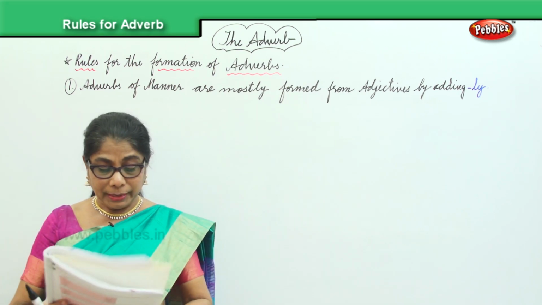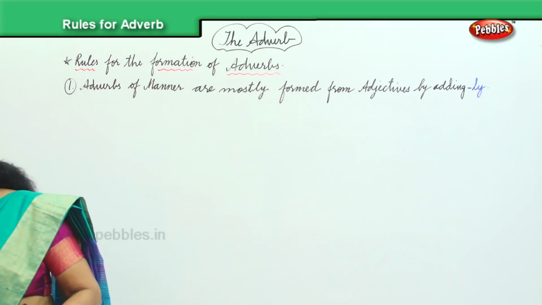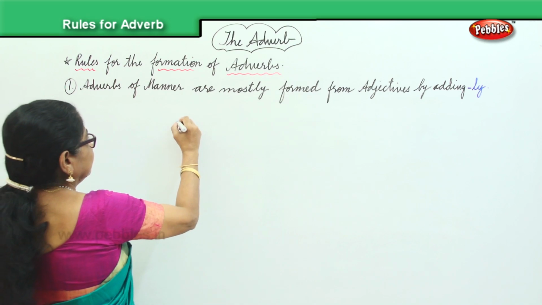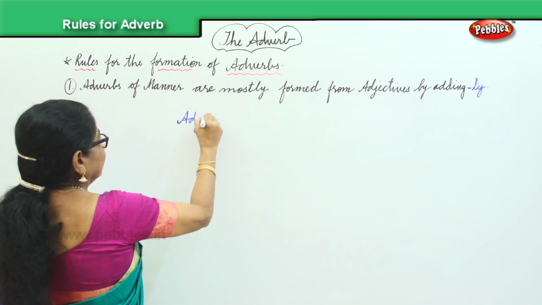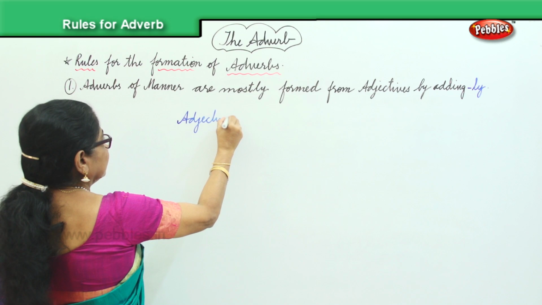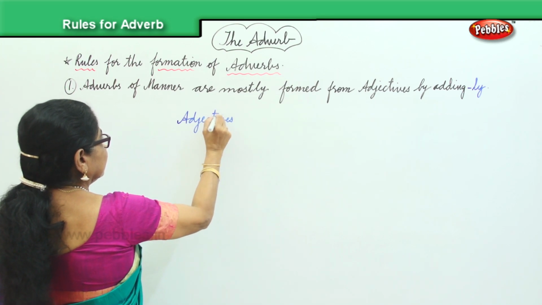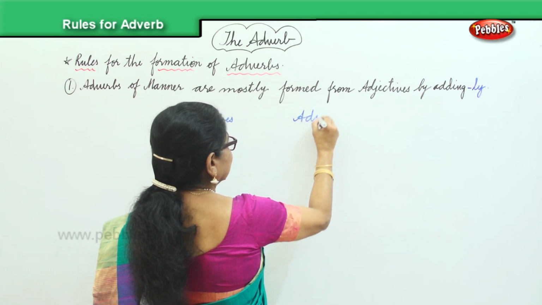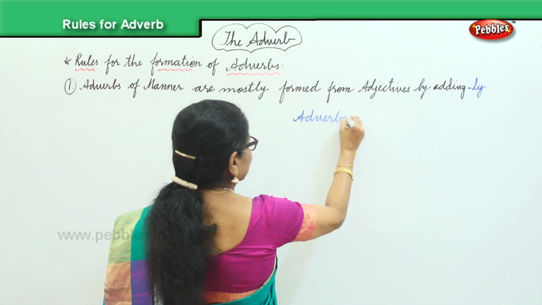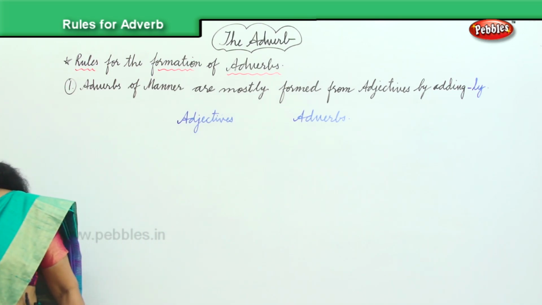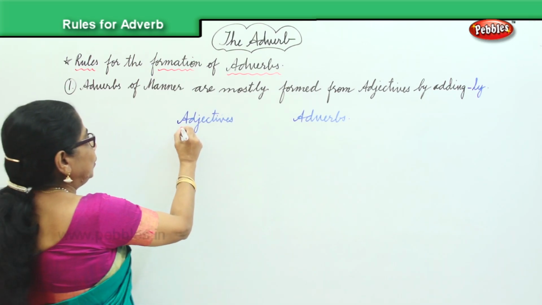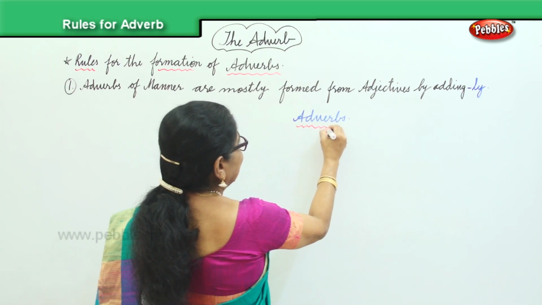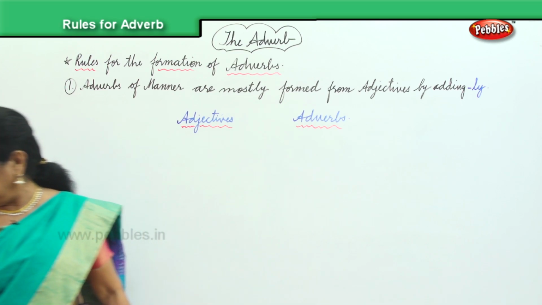Let's look at it. Adjectives, adverbs. Let's see how we are going to form adverbs from adjectives by adding ly.